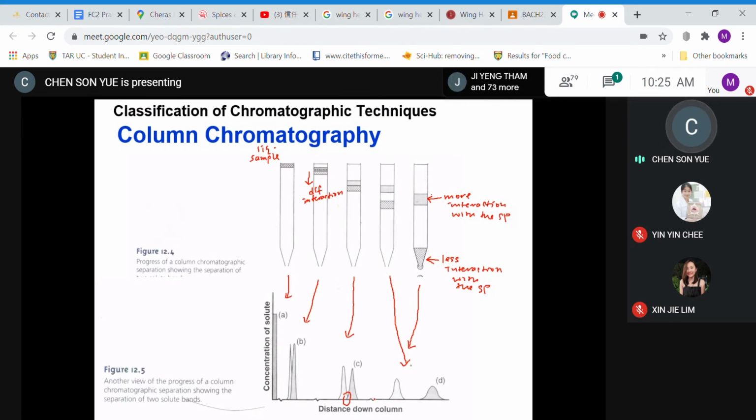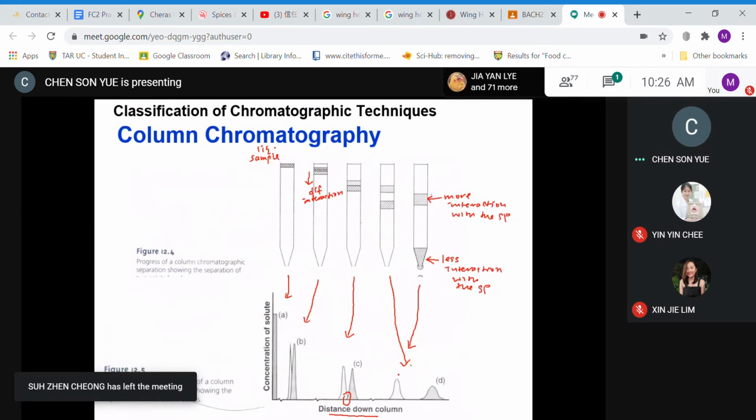I hope the color they use is correct for the distance along the column. I thought it's the time, but in time, they're not correct.